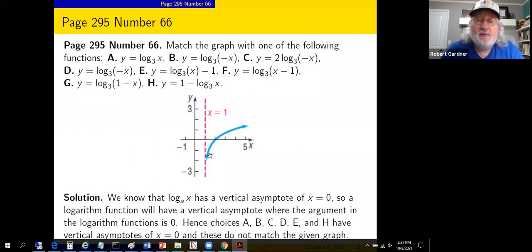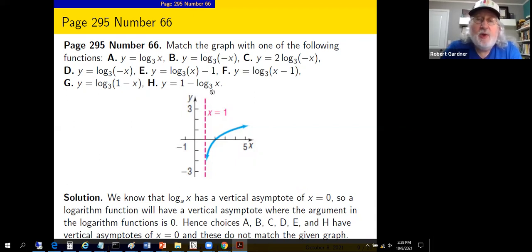This one has a vertical asymptote at 1. Here, we've got a vertical asymptote at 0. The -1 would relate to a vertical translation down by 1 unit, but the asymptote stays in the same place, and that eliminates that one. Here, the log function will be undefined at x equals 0. That's where the vertical asymptote will be.